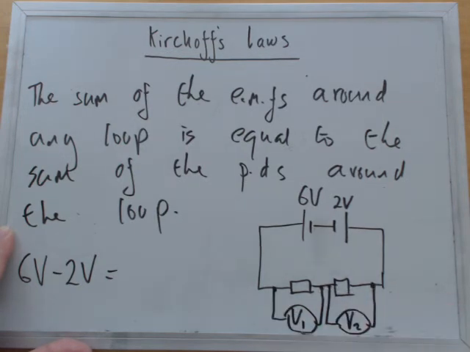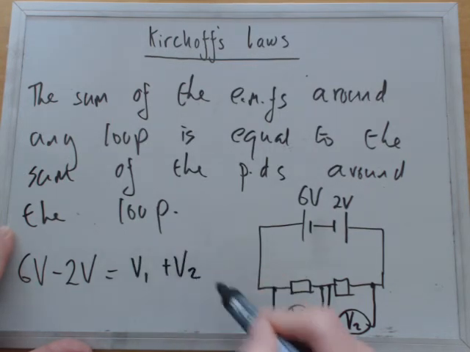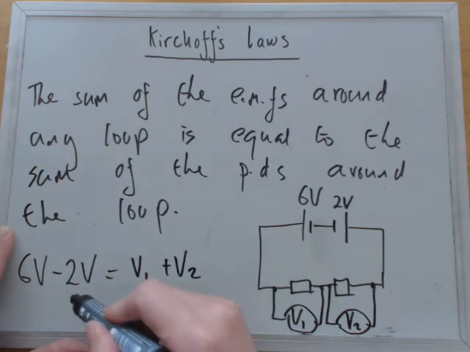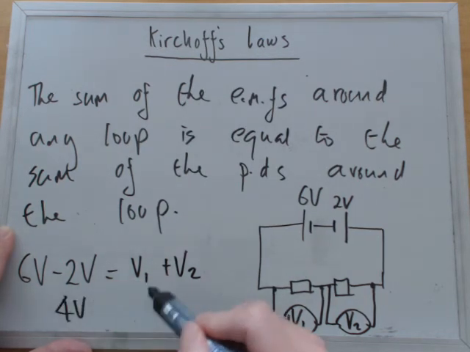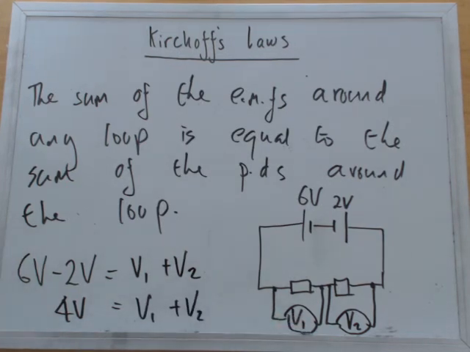Okay, so 6 volts minus 2 volts is equal to the potential differences, that will be V1 plus V2, which will give you 4 volts is equal to V1 plus V2. So we know that the total potential differences V1 plus V2 must be equal to the total EMFs, which is 4 volts. And that is a simple statement of Kirchhoff's second law.